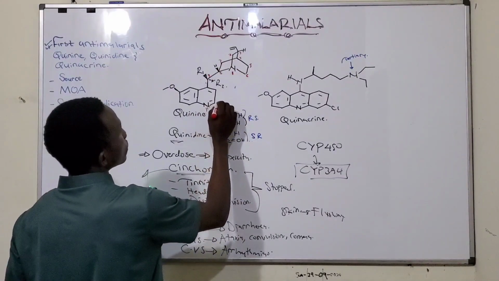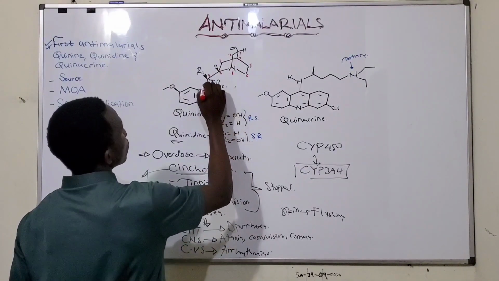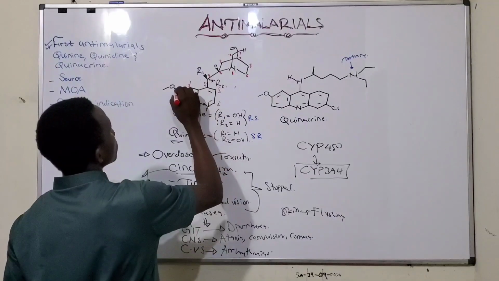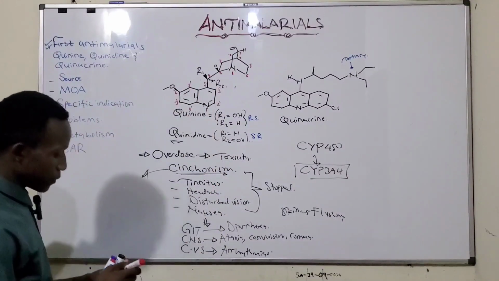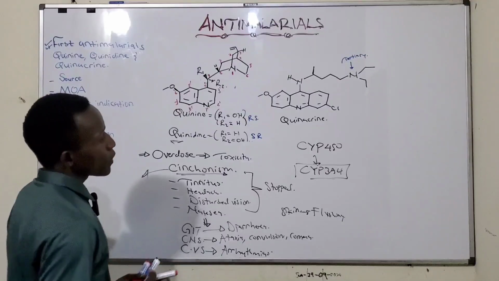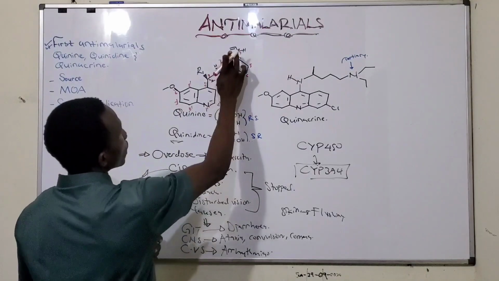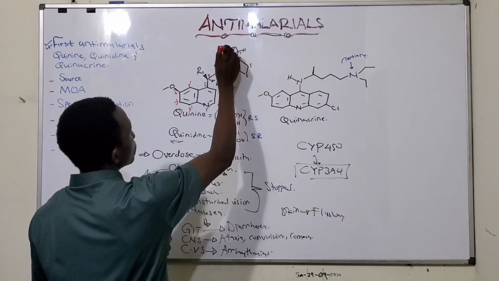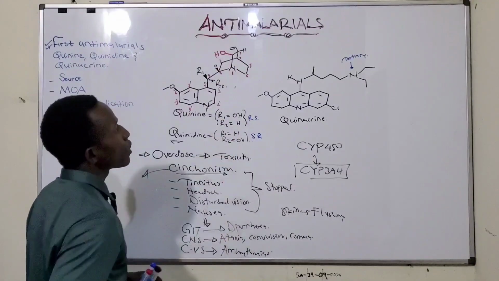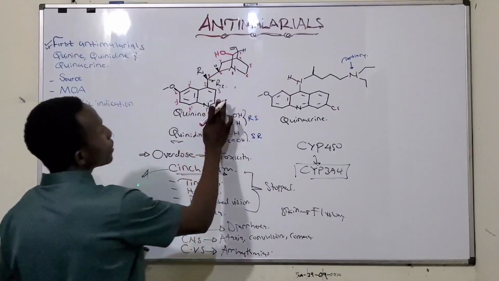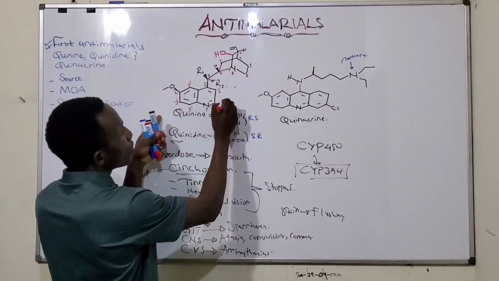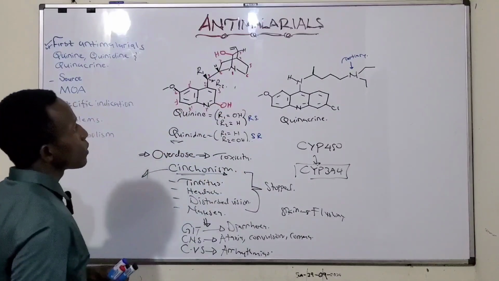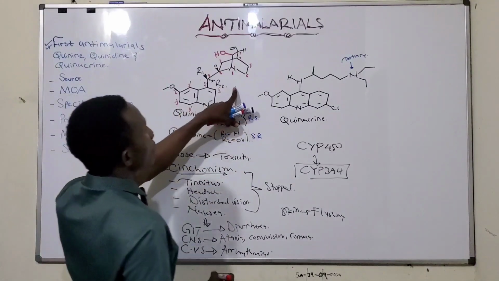This is 1 prime, 2 prime, 3 prime, 4 prime, 5 prime, 6 prime, 7 prime, and 8 prime. So this drug leads to hydroxylation at position 2, forming an OH group. It can also lead to hydroxylation at position 2 prime here, forming an OH group.